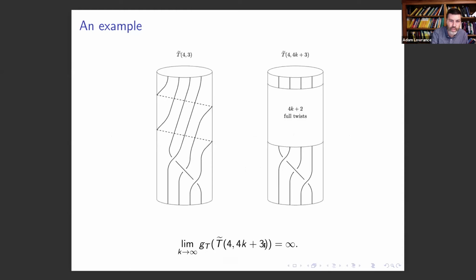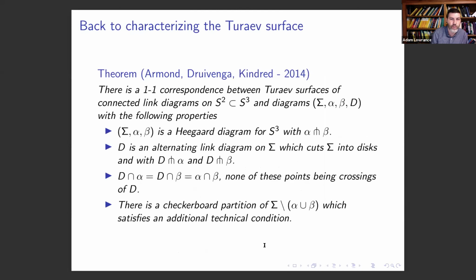One way to add something to characterize the Turaev surface was in a paper by Cody Armond, Nathan Druivenga, and Thomas Kindred from 2014. There are some technicalities here, and even some technicalities that I'm hiding in that fourth bulleted statement. But the basic idea is that in addition to drawing the knot diagram on the surface that has these properties, it's a Heegaard surface, so you can also draw its attaching circles, alpha and beta.